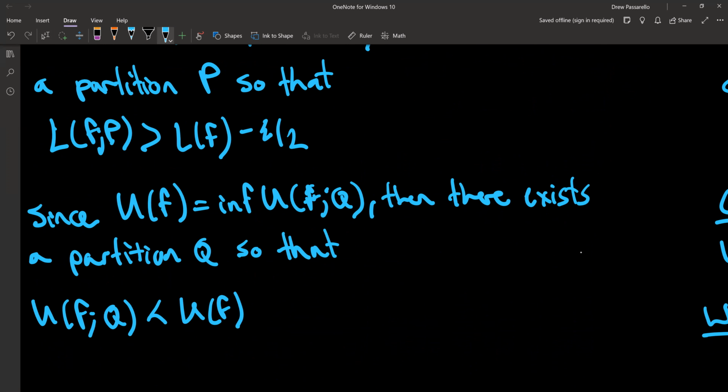And again, it's all true for all epsilon, so it's going to be less than U of f plus epsilon over 2. All right, so we have those two things.